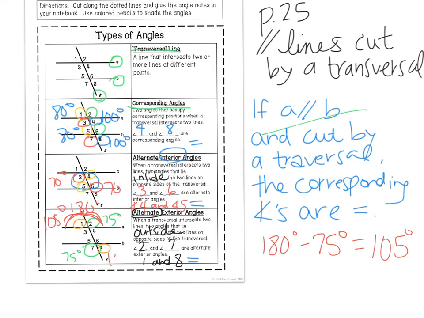That means angle 8 is also 105 degrees. And then, how do I figure out what 5 is? Well, angle 8 and angle 5 are vertical angles, and we know from the previous page that vertical angles are also equal. So angle 5 is 105, and then angle 6 should be 75 because these are vertical angles. Woo! That's a lot. But that's what we have to do, right? You learned a lot? Yeah!